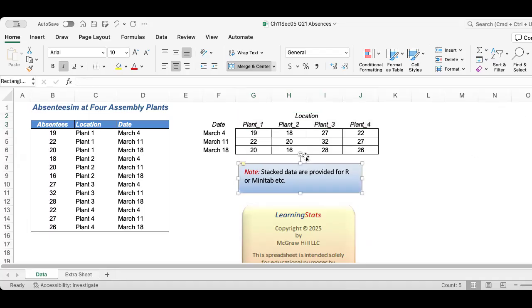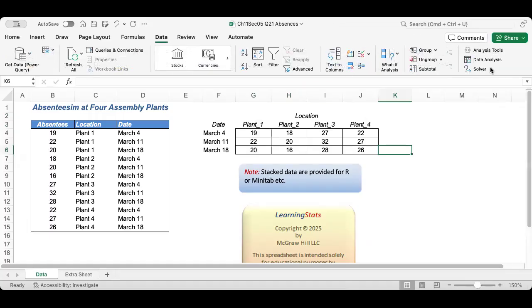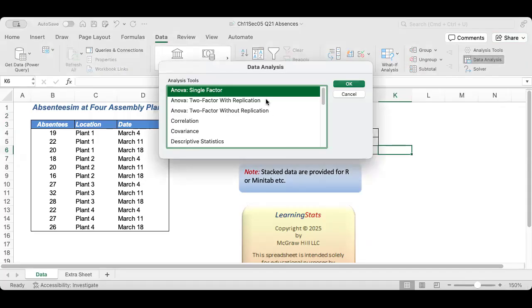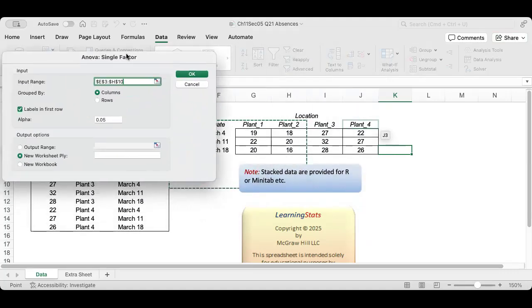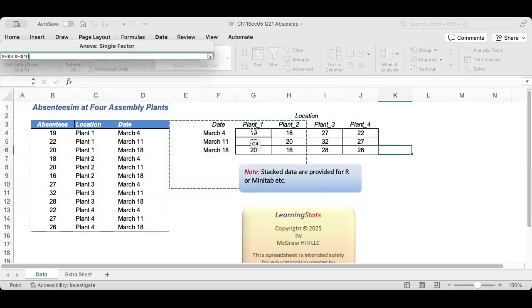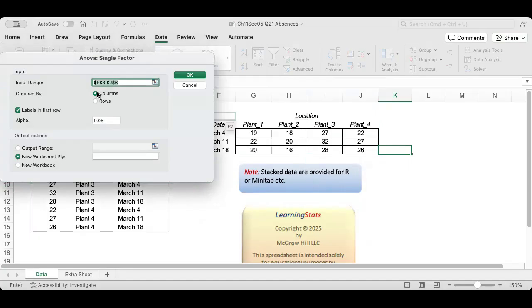So again, I go to my data pile and I say data analysis, ANOVA single factor. My data is here. Grouped by columns, labels in the first row.